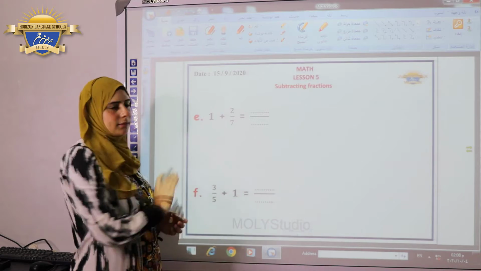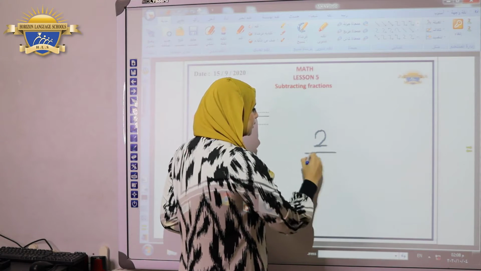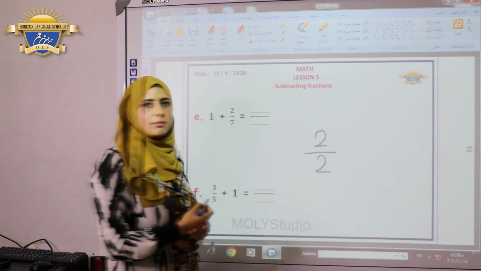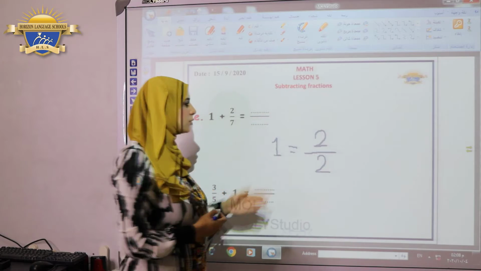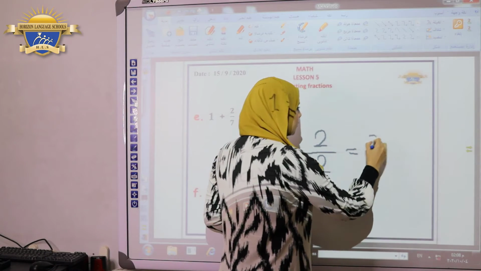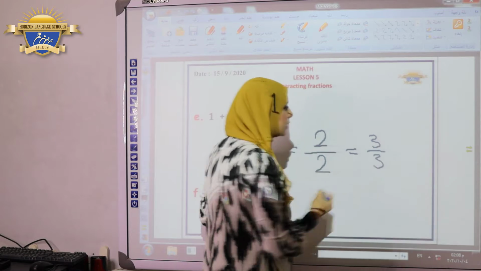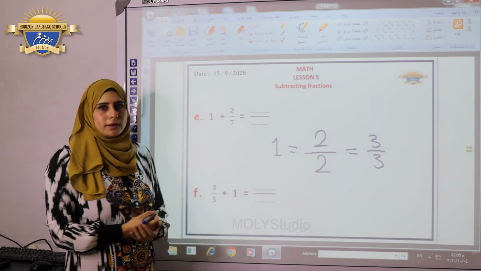Here we have 1. We know that any number divided by the same number equals 1. So 2 over 2 equals 1. 3 over 3 equals 1, and so on. Here I have 1.